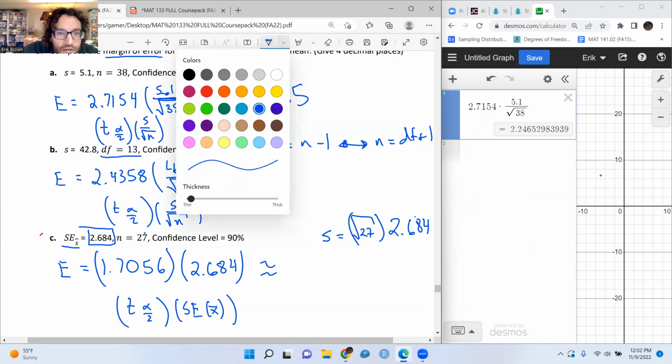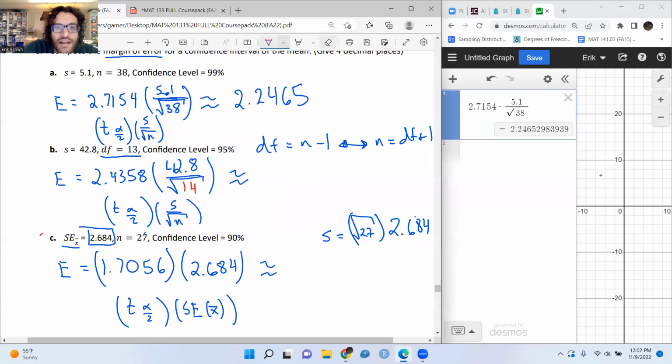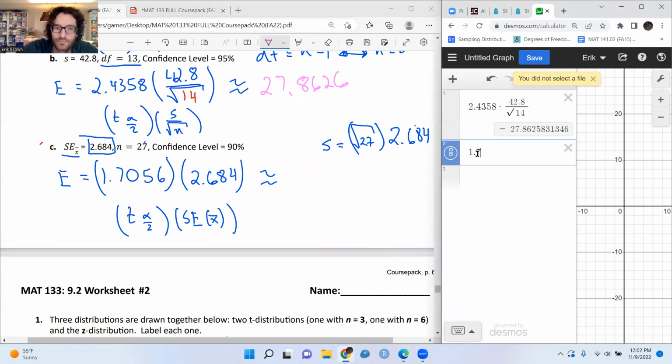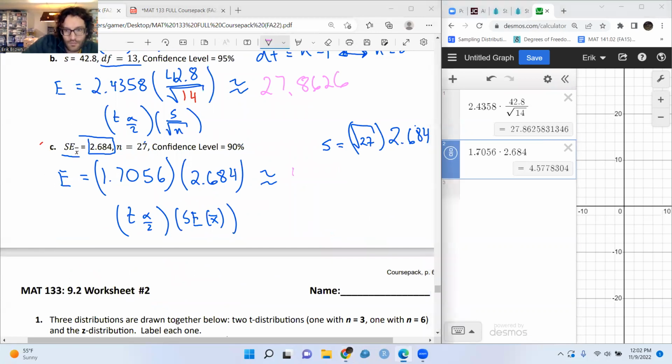How about I do it in a different color, like pink, because everybody loves pink. 2.2465 for that one. 27.8626 for that one because of the 8 after the 5. And then 4.5778 for that one.